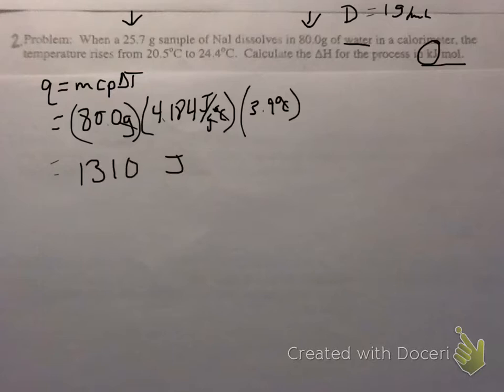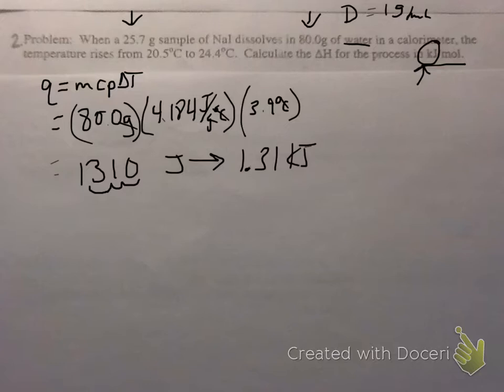Now, the general convention is if the joules are over 1,000, we go ahead and convert those to kilojoules. And we're going to want to here so that we can get the units that the problem wants everything in. So we move the decimal 3 places over, so 1.31 kilojoules.